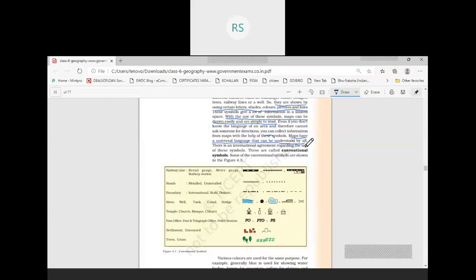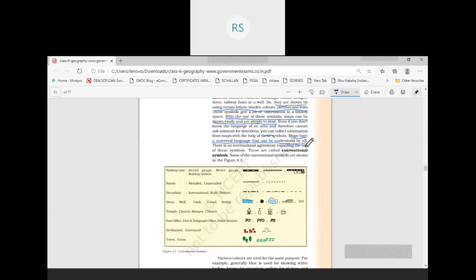And there is an international agreement also. The agreement is regarding the use of these symbols. There are some symbols which can only be used for denoting some of the features. For this, different countries have made an international agreement. Because if the agreement is not there, then what will happen?